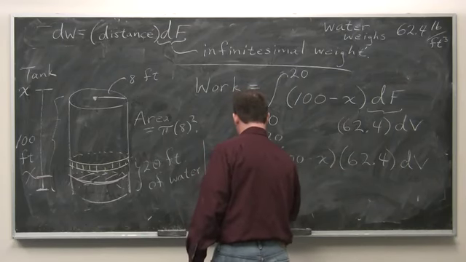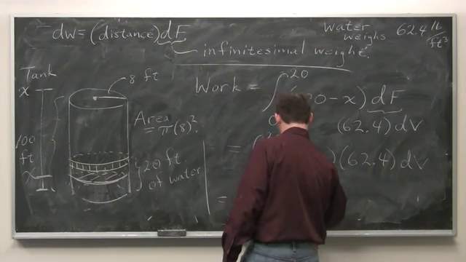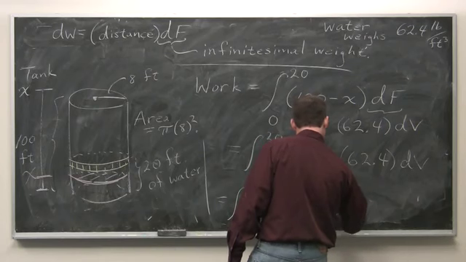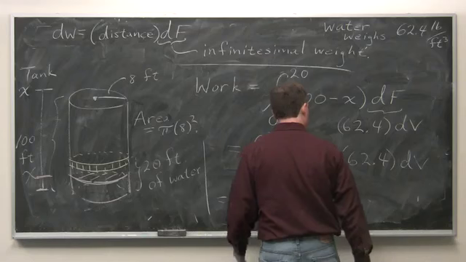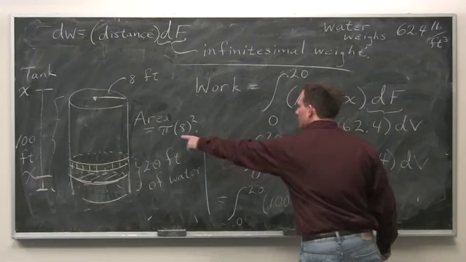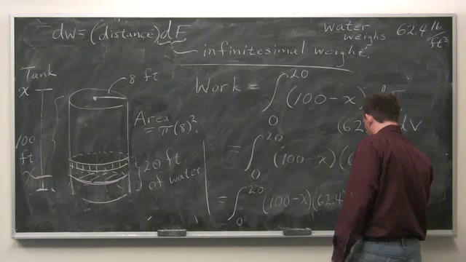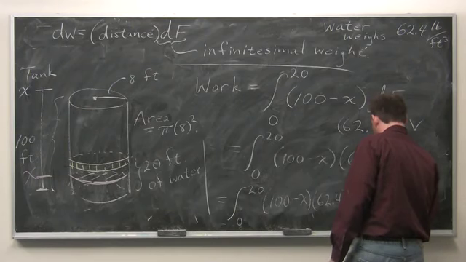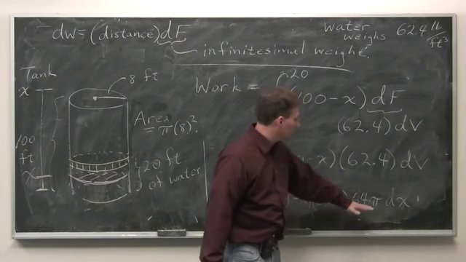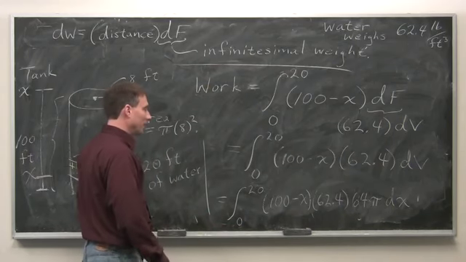So we get the integral from 0 to 20 of 100 minus x, times 62.4, and then dV is A times little dx, but A is 64 pi, so 64 pi times dx. This is the cross-sectional area times dx to give ourselves a little chunk of volume.